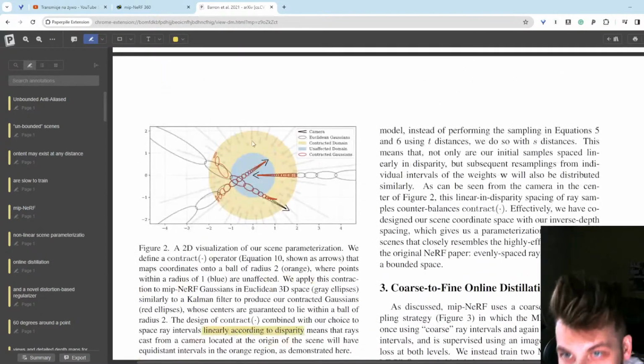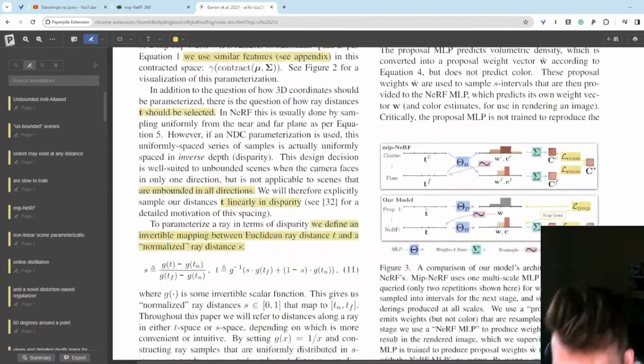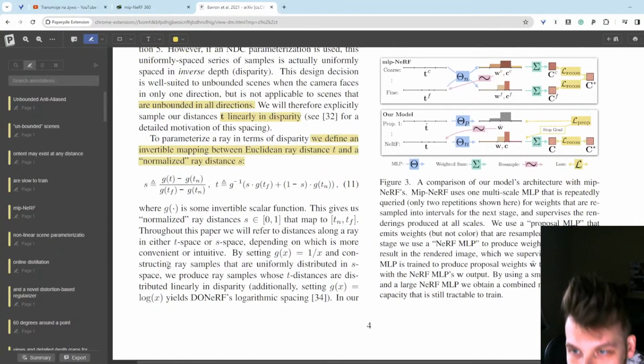It's normalized for this contraction here, so let's see how they normalize that. So g is some sort of invertible scalar function, and this will give us ray distances s from 0 to 1 that map to tn to tf. Okay, so we have tn, tf, and we have s.